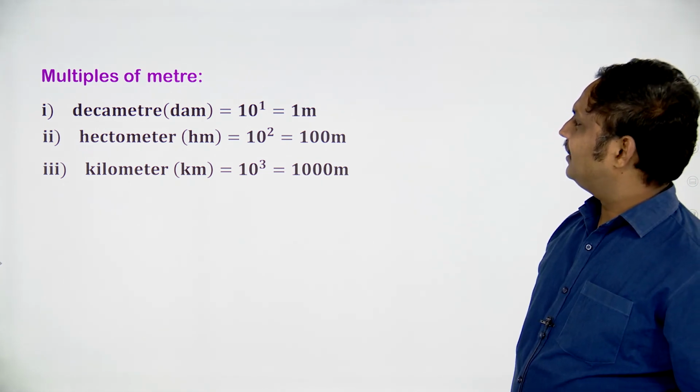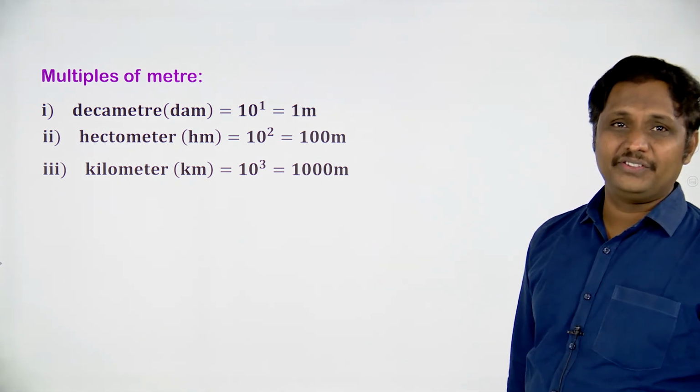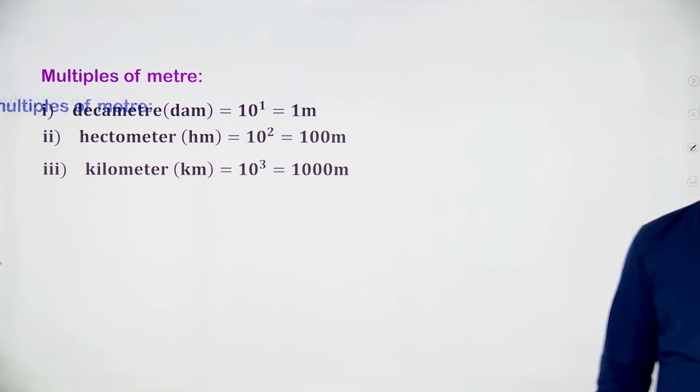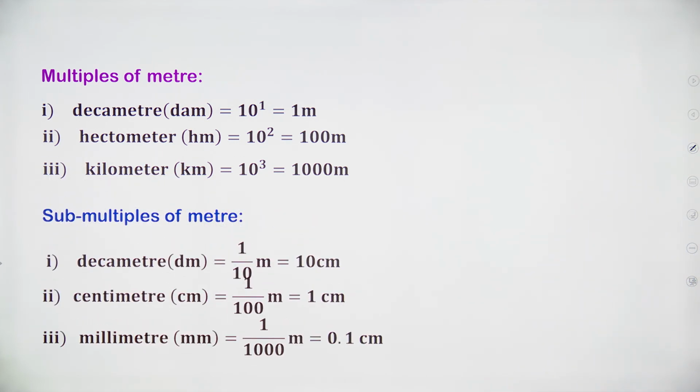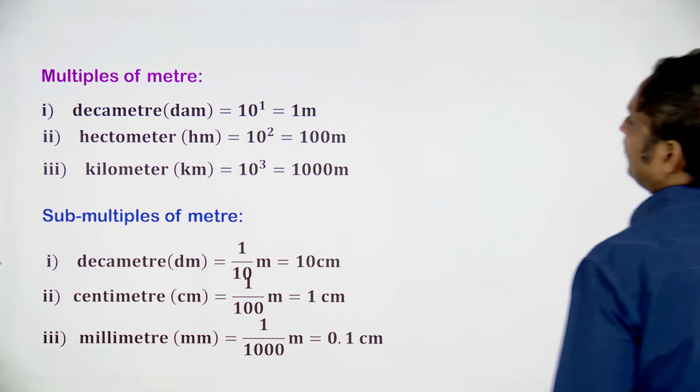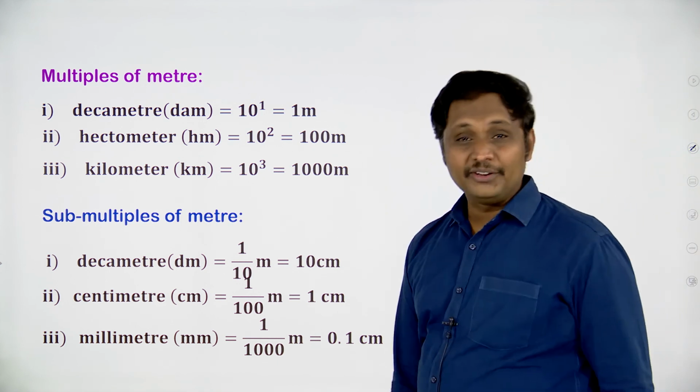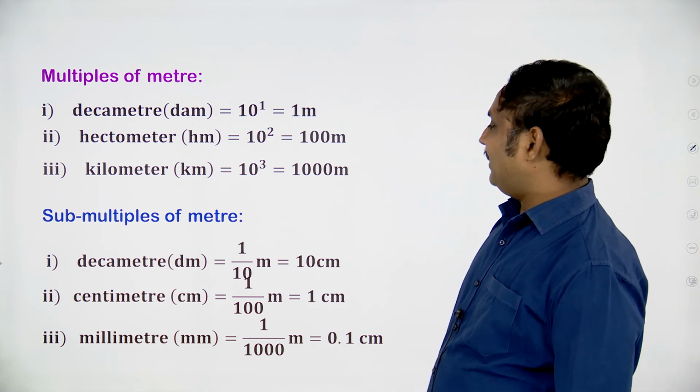In multiples, we are going to get what we have discussed. Everyone has to look into that matter, submultiples also. So we would like to make use of all these multiples and submultiples. Okay, it's clear. You are going to get the decameter, hectometer, kilometer, and submultiples also.